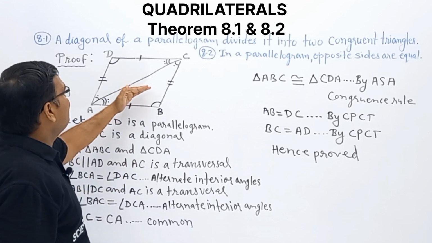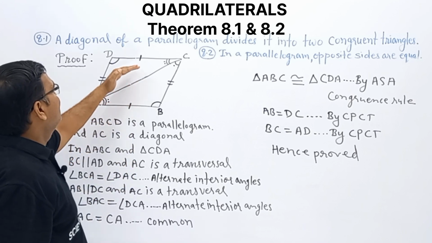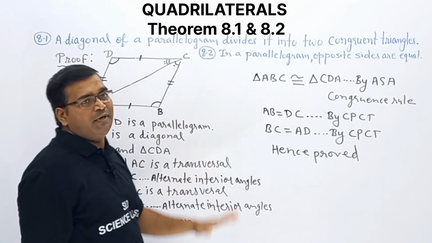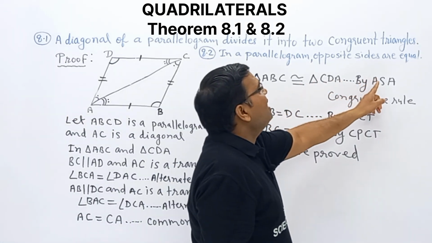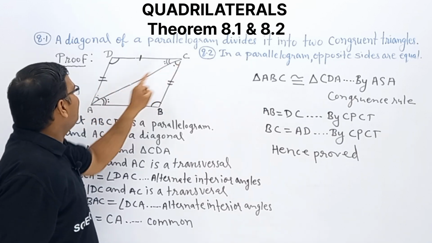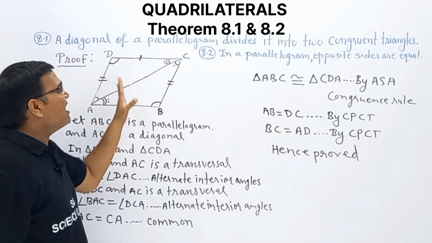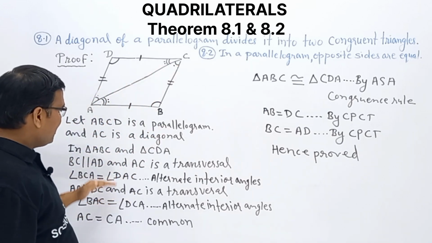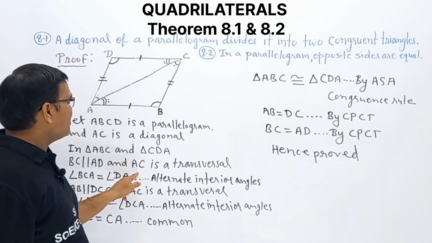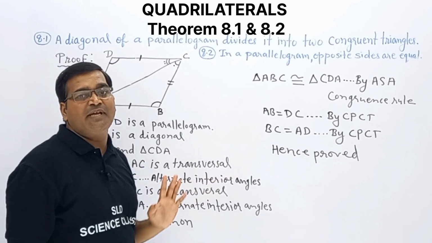So finally we can say this triangle ABC and this triangle CDA both are congruent. Why? By angle side angle. This angle is equal to this one, this angle equal to this one. Why are these equal? We are having these conditions: two parallel lines, one transversal, then alternate interior angles will be equal.